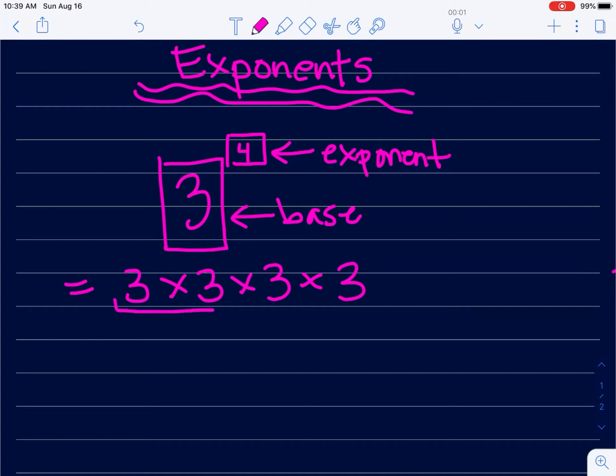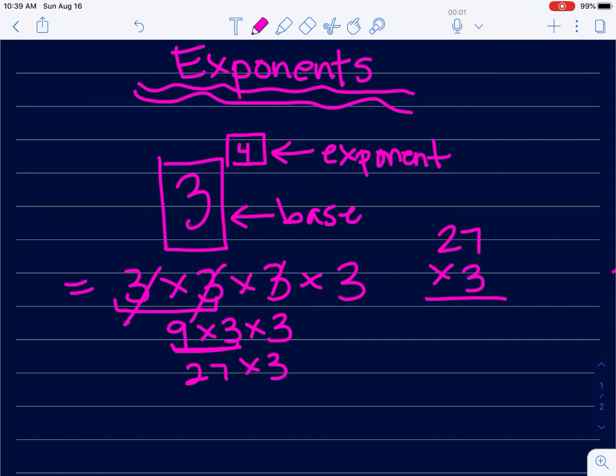We know 3 times 3 is 9. 9 times 3 is 27. We would have to solve 27 times 3. 9 was these two. That makes 27, so we're down to 1 left over.